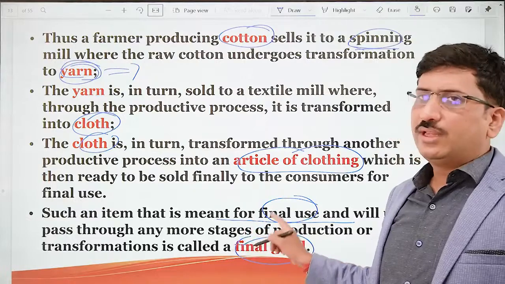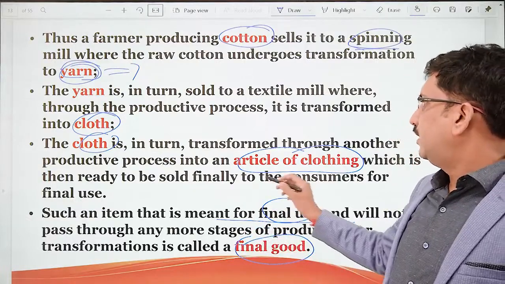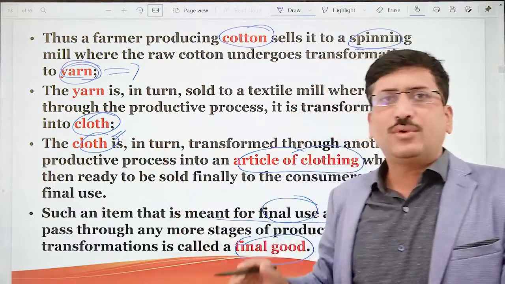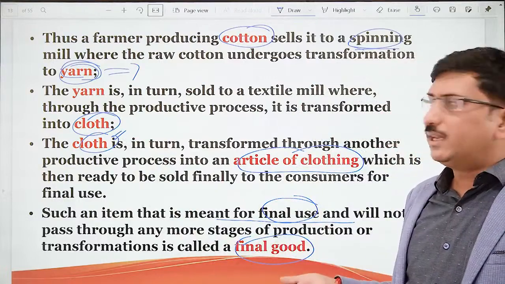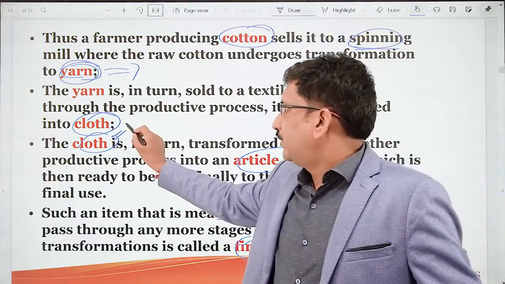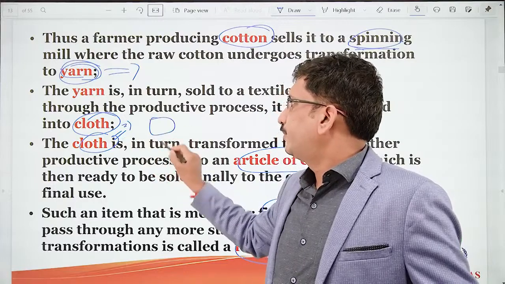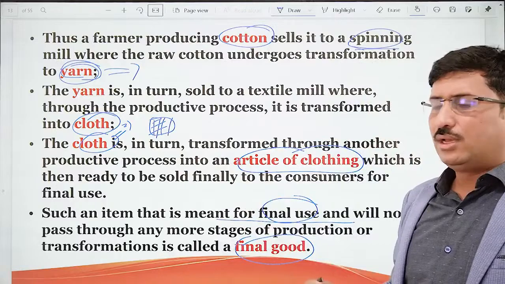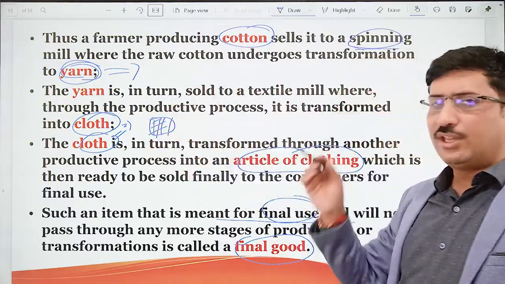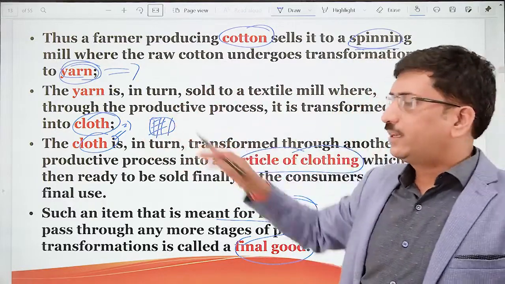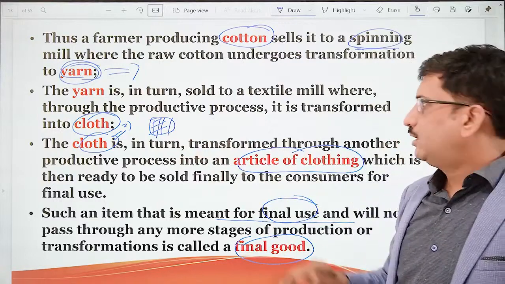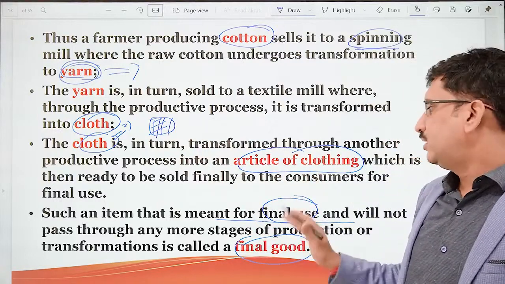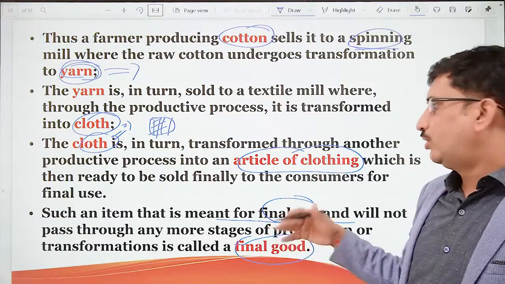If this cloth is for final use and I am not using it further, for example this cloth is ready and I am using it directly as a handkerchief, then it is a final good. But if that cloth is transformed into a t-shirt, that cloth did not become a final good. Now the t-shirt becomes the final good, because after that we are not going to transform it.